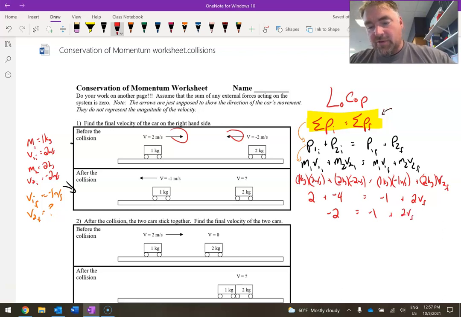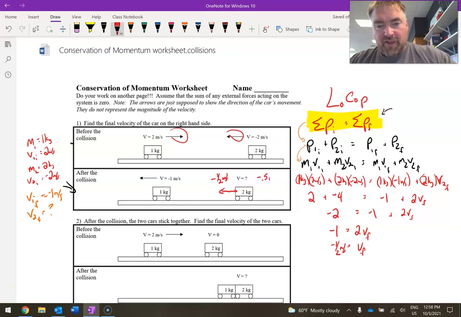Now I add the 1 over, and I end up with negative 1 equals 2 times VF. So VF is going to equal negative 1/2, and now I put in my unit again, meters per second. My answer is that it's going this direction at negative 1/2 of a meter per second, or negative 0.5 meters per second, if you'd rather do that.